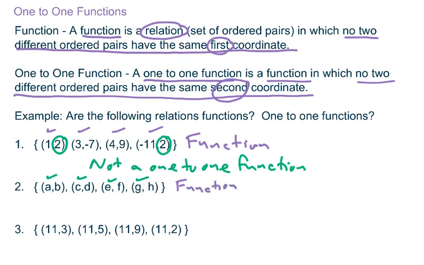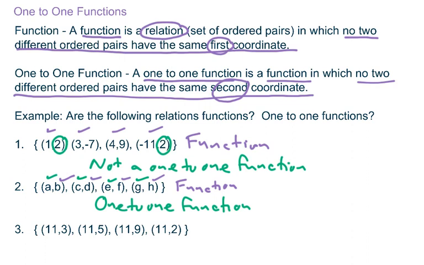And to be a one-to-one function, no two different ordered pairs can have the same second coordinate. And if you look at all of those, they are also all different. There's no repeats there either. So this is, in fact, a one-to-one function. So that's one of those new categories of functions that we want to look at.